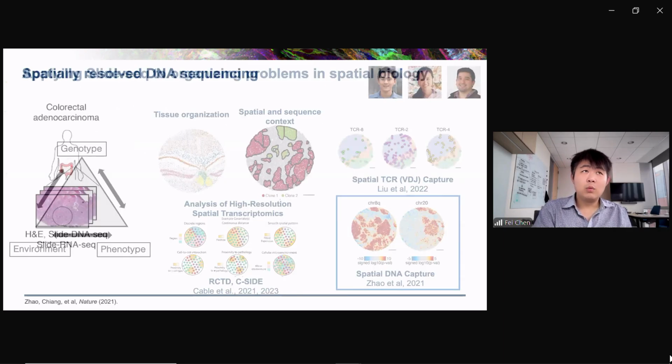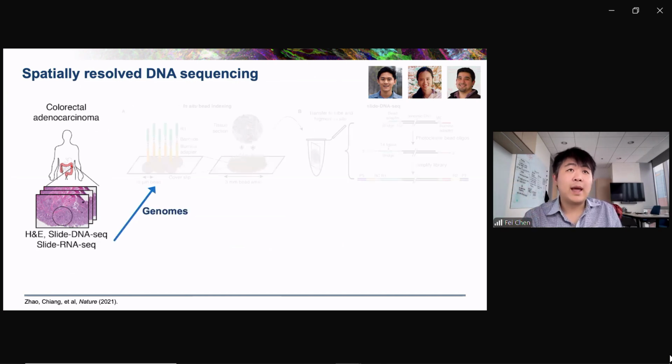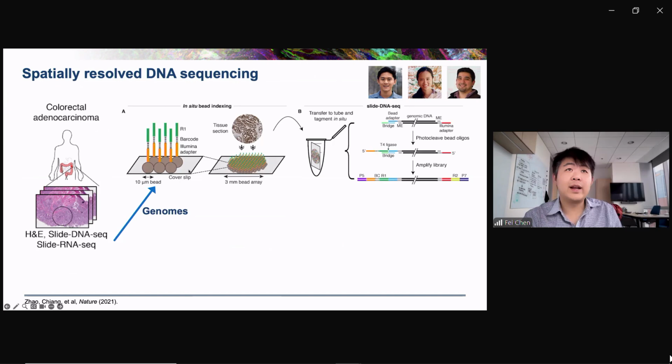And so when we first developed Slide-seq, we captured RNA, and we thought that it would maybe not be too hard to also capture DNA. There we used the same arrays, and instead of capturing RNA using poly A, what we did was we took tissue and we tagmented it with Tn5 transposase, allowing random DNA in the genome to be randomly cut and ligated to adapter sequences.